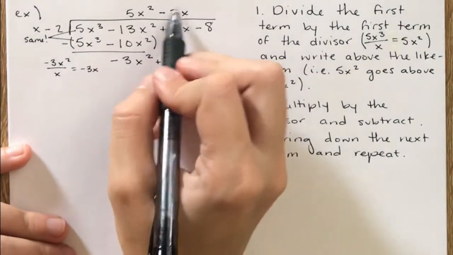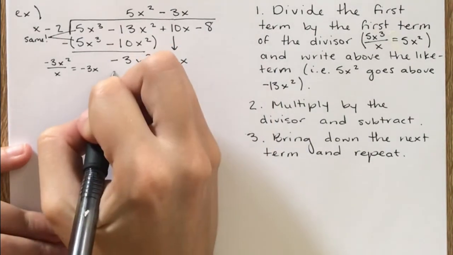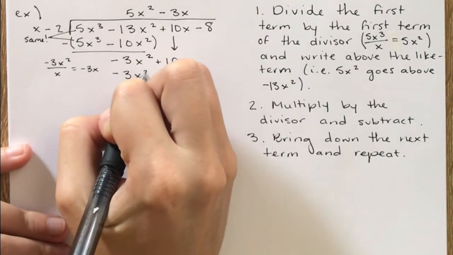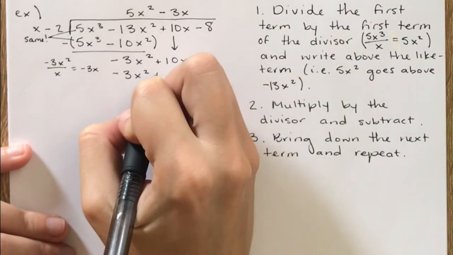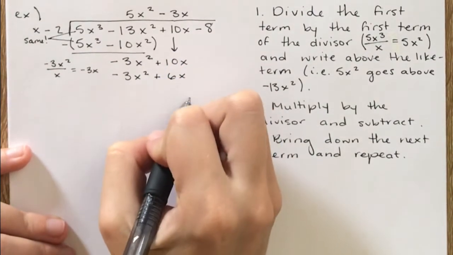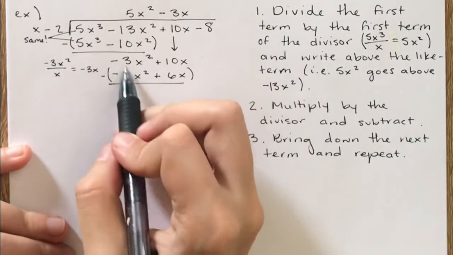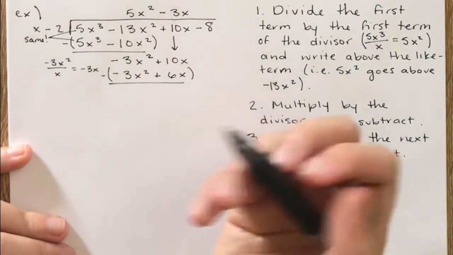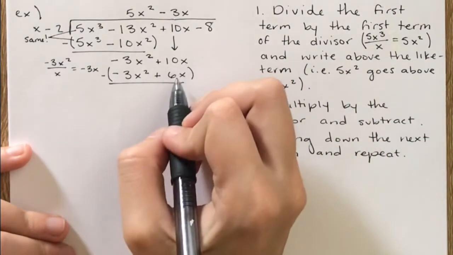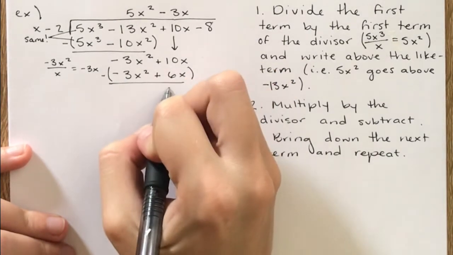Then we multiply this term by the divisor. So we have minus 3x times x, so minus 3x squared. Minus 3x times negative 2 gives us positive 6x. And then we subtract all of that. Subtracting negative 3x squared from negative 3x squared gives us 0, which is just what we wanted. Now we're subtracting 6x from 10x, so we end up with 4x.